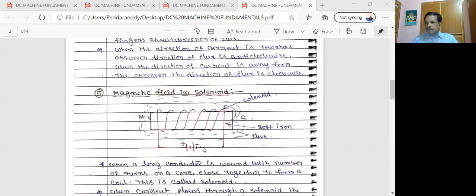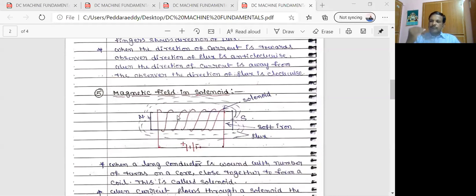what happens? Okay, so here this is the battery. This is the conductor. The conductor is wound on a soft iron piece. Okay, so when we give supply to the conductor, the current flows through the conductor. When current flows through the conductor, the flux is produced around the conductor. We already discussed this in the right hand thumb rule and in electromagnetism.